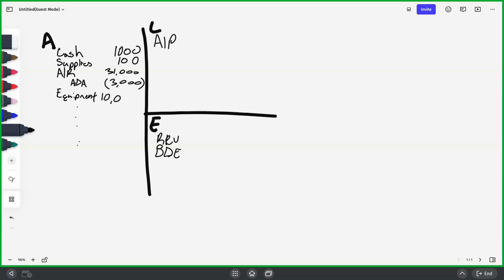Every balance sheet you always have to make equal. Always make your balance sheets equal. If they're not equal, there's something wrong. All right, so that is 9, 3, 39,000.